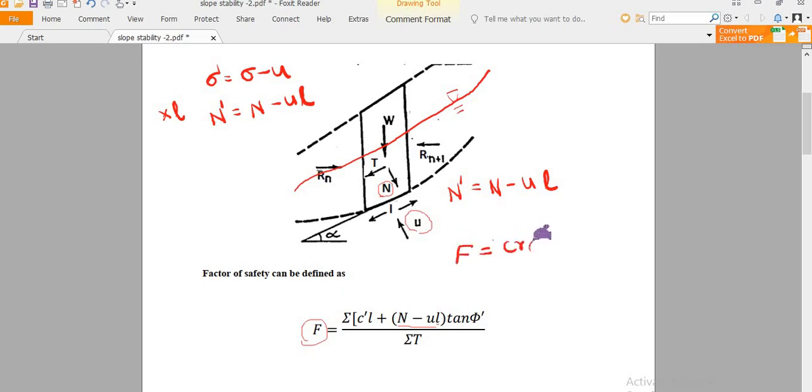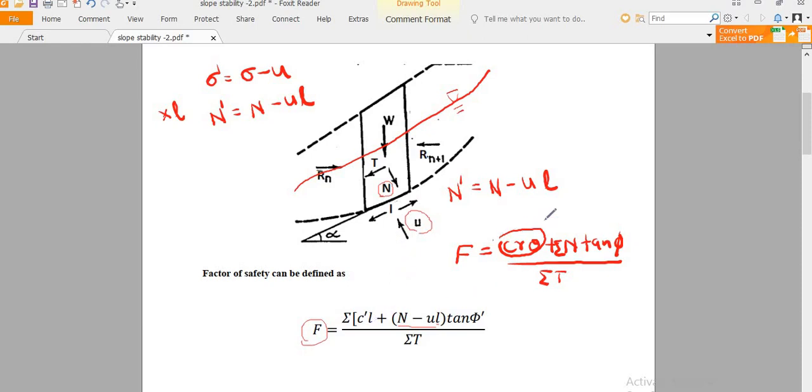That is C R theta plus N tan phi divided by the sum of T. But now since we need to use L, we can show this C R theta, which is the total length of this curved surface, as a collection of all these L values.